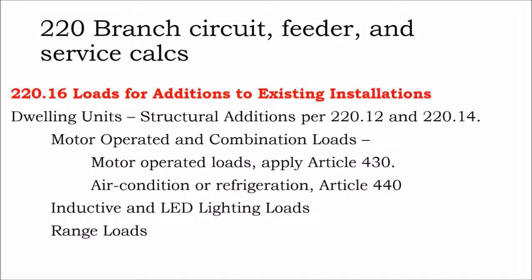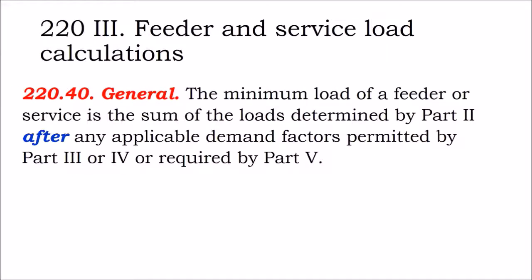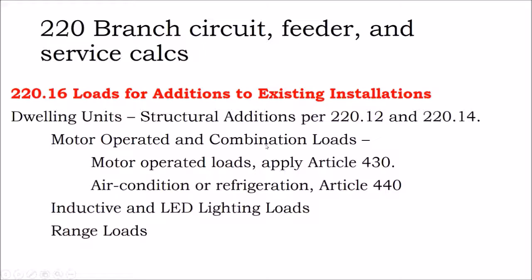We have to go a little bit further into this, but basically, you take your load of your feeder service, and then you have correction factors that you need to apply before you get to your final calculation.